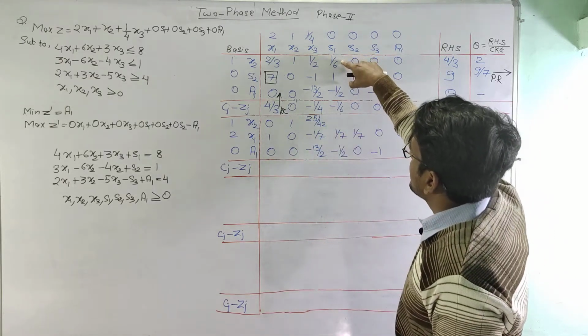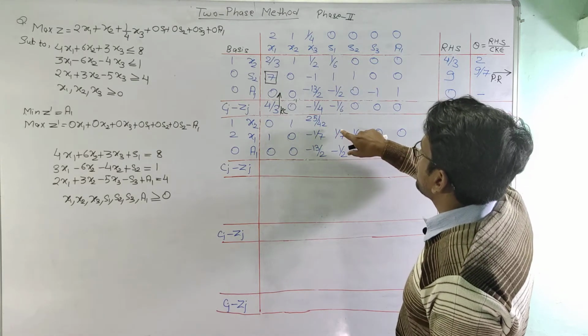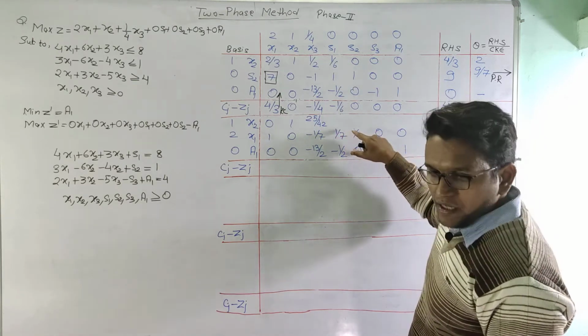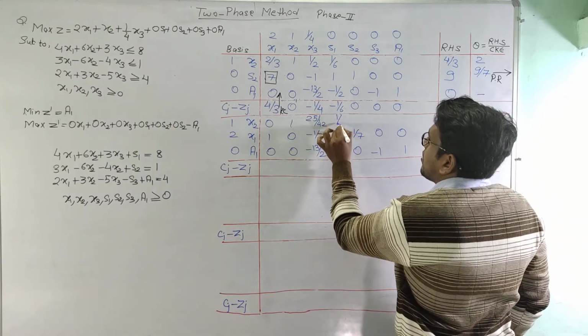And 1/6 minus 2/3 times 1/7 will come as 1/14.